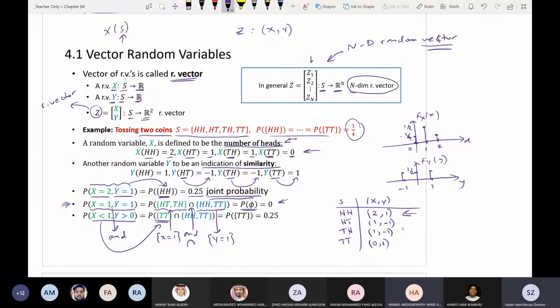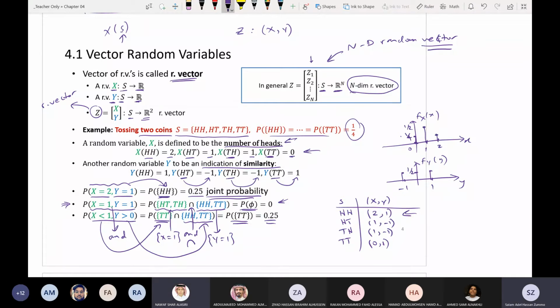And Y strictly larger than 0 means it must be tail, head or head, tail, or similar outcomes. Now intersecting them, you can see that you can have only tail, tail, which is 0.25.